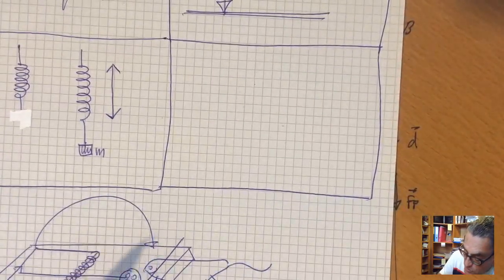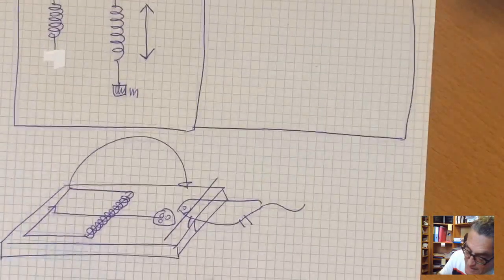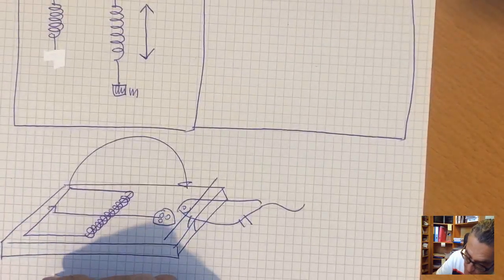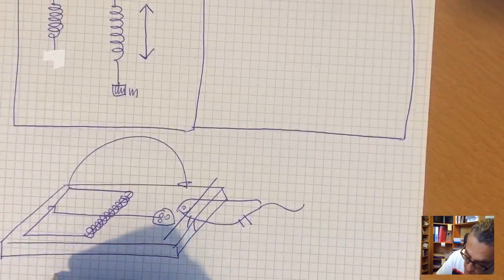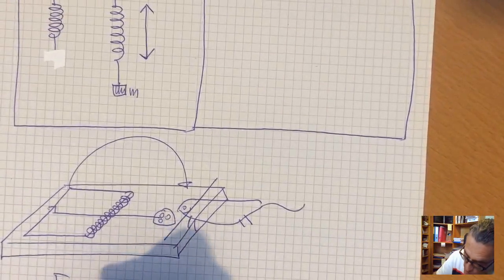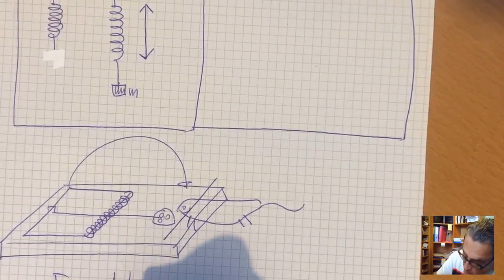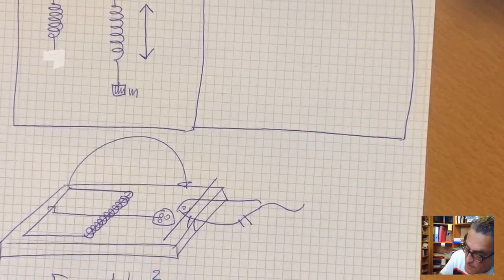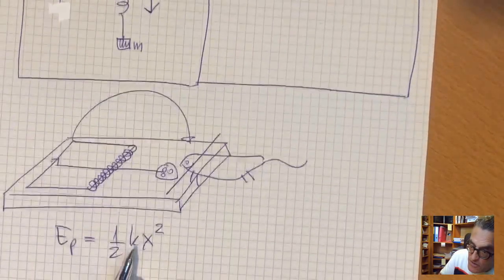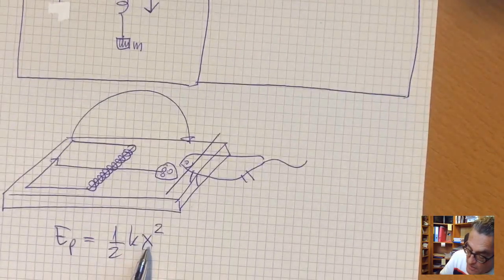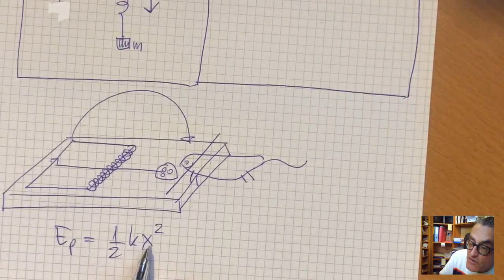Okay, and so this spring contains a potential energy. Actually, the potential energy of a spring is given by 1/2 kx squared, where k is the rigidity constant of the spring, and x is the deviation, the lengthening of the spring with respect to its initial position.